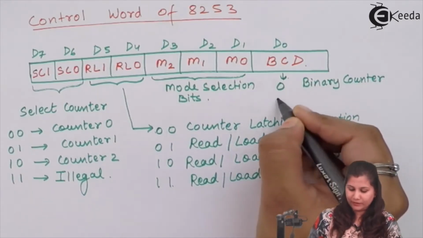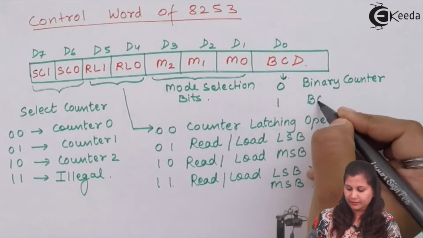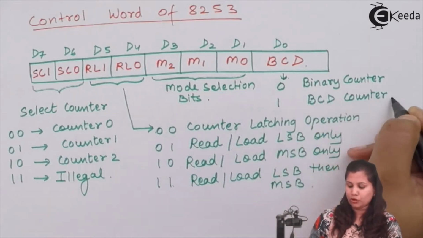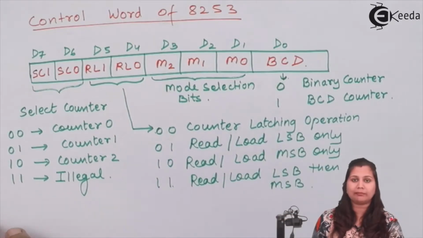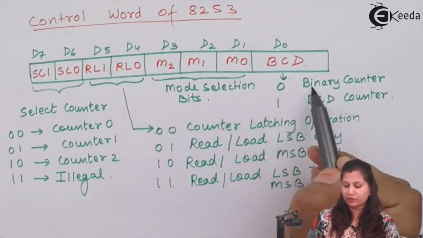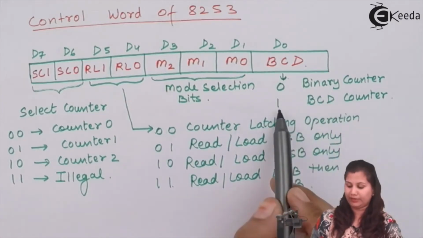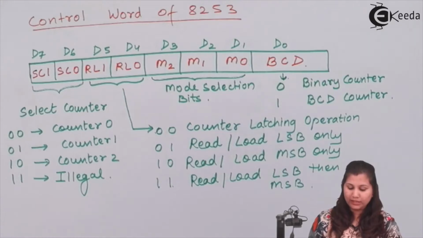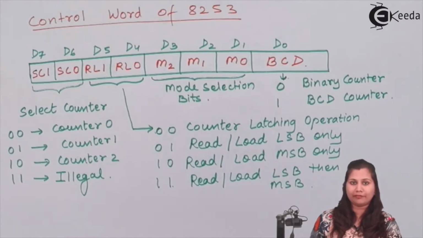And if its value is 1, it means that it is a BCD counter. So both types of counts can be counted by the timers. So this is the control word of the programmable interval timer 8253 and 8254.